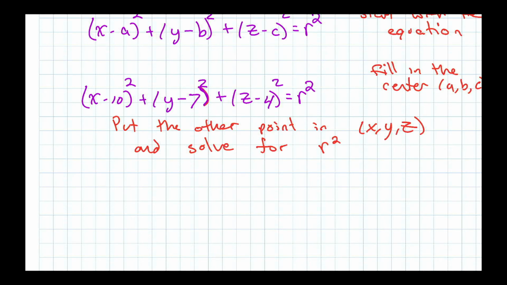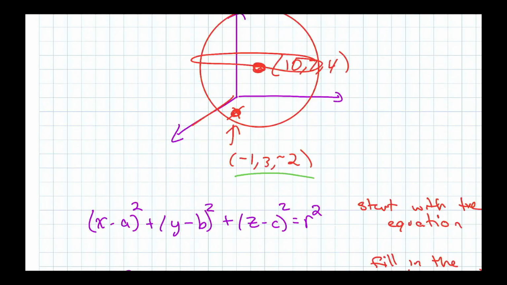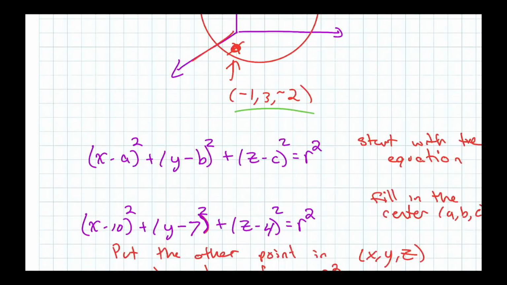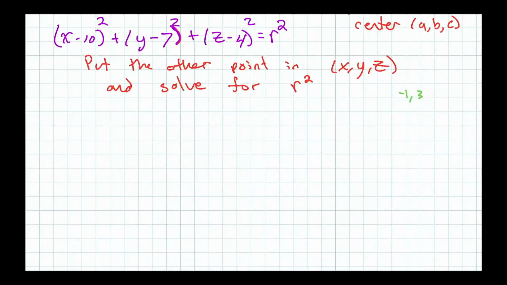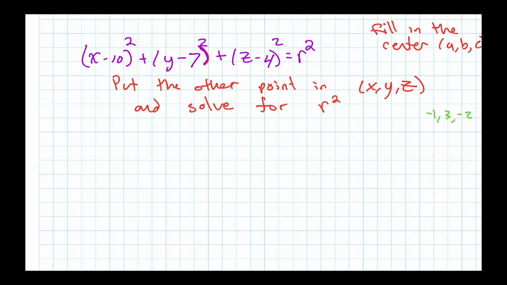So what's the point? They tell you it is -1, 3, -2. So we fill that in for x, y, z. We get parentheses x, which is -1, minus 10 squared, plus y, which is 3, 3 minus 7 squared, plus z, which is -2, -2 minus 4 squared, equals r squared.